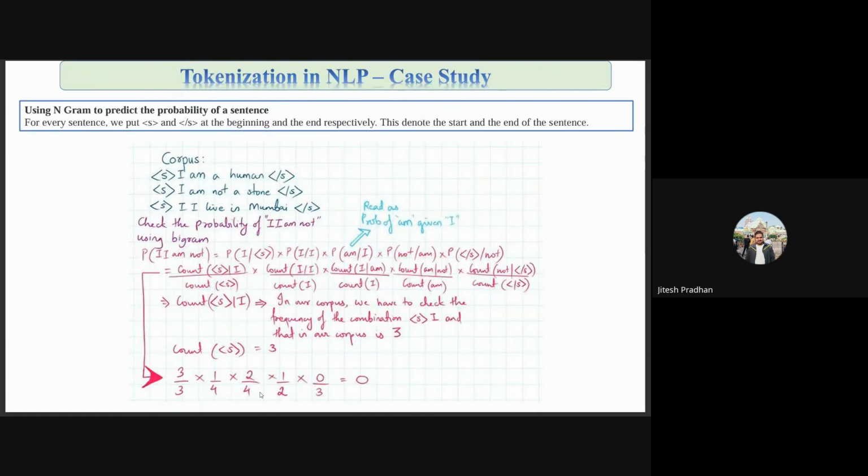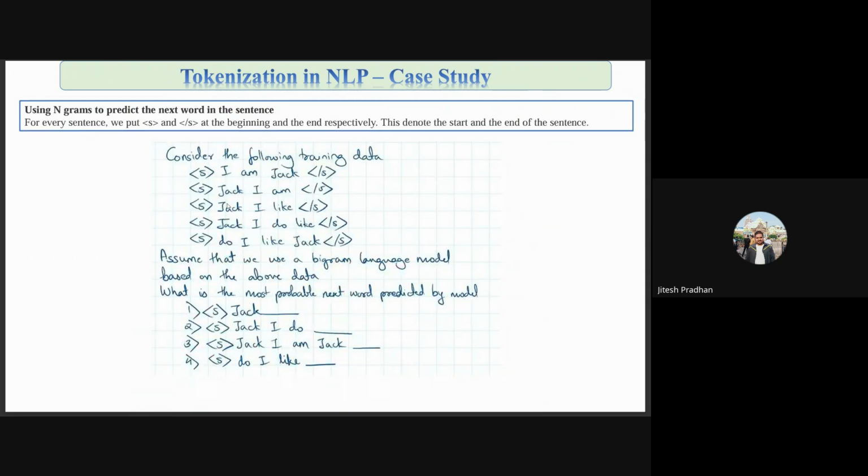So 0 by 3. Ultimately it is multiplied by 0, so it is 0. So the probability of this sentence being generated from this corpus is 0.